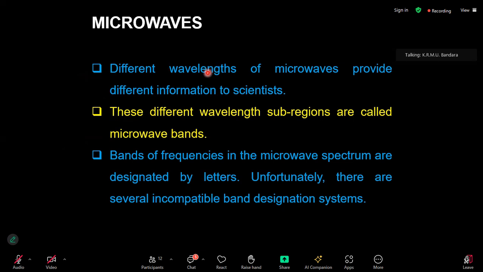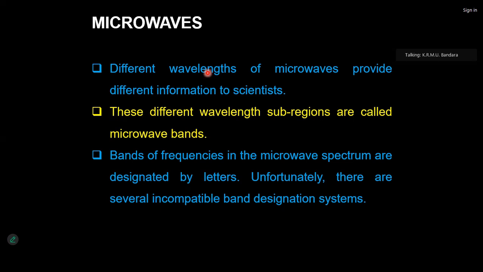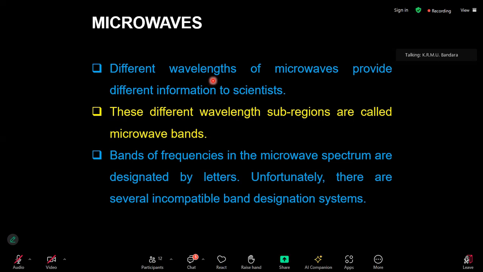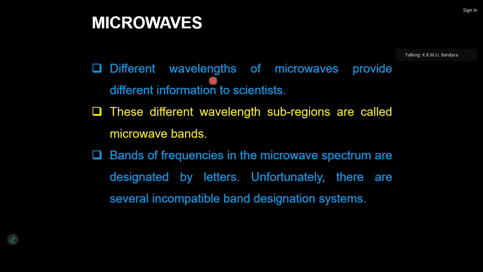The same object reflects a 1 millimeter wavelength in one way and a 1 meter wavelength in another way. Therefore, some objects can reflect a 1 millimeter wavelength, while other objects cannot.